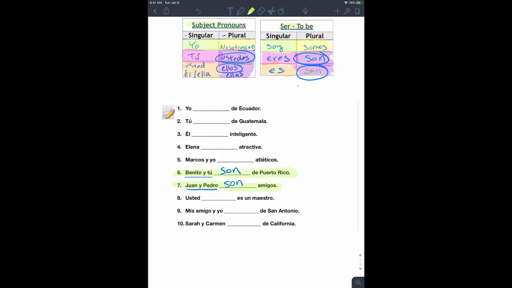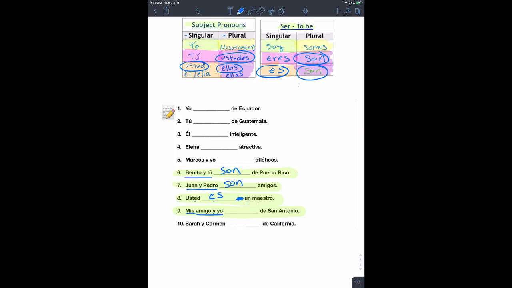Number 8, usted blank un maestro. Usted can be found right here, and our verb is going to be right there. Usted es un maestro. You are a teacher. Number 9, mis amigos y yo blank de San Antonio.